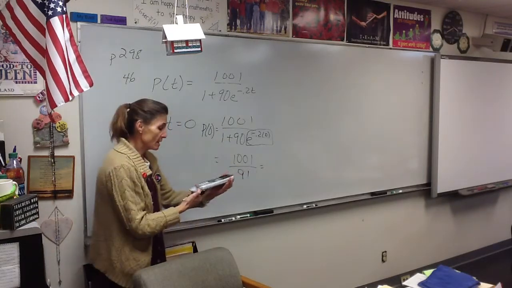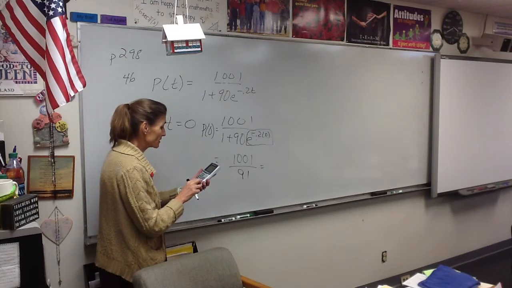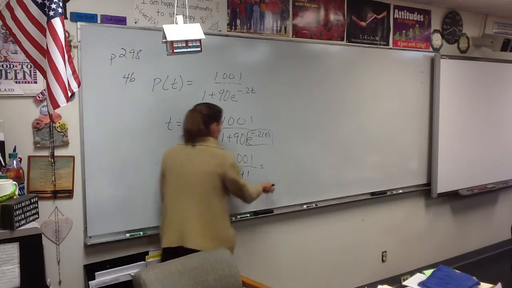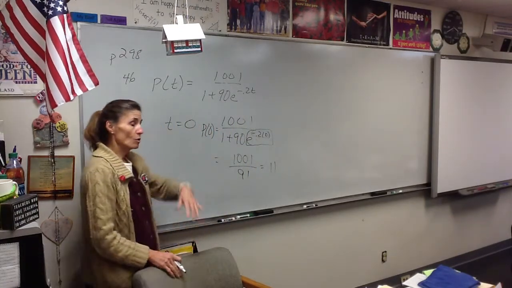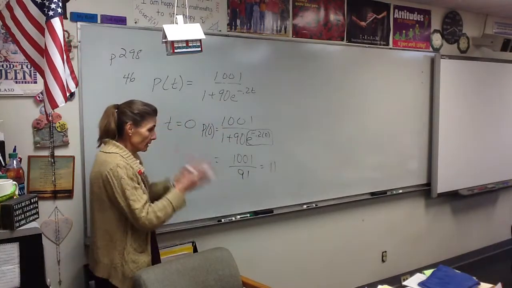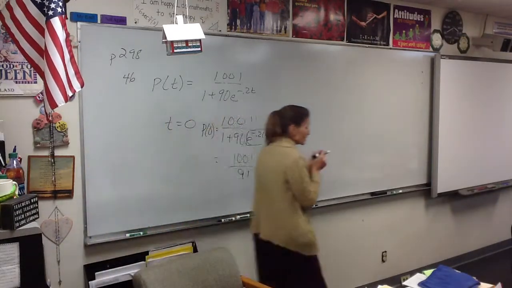Because this is a deer problem, let's round it off to the nearest deer. Oh, that actually goes in nice, that's 11. So whatever this is, game preserve, there were 11 deer to start with. Everybody got it? Okay. Next question.